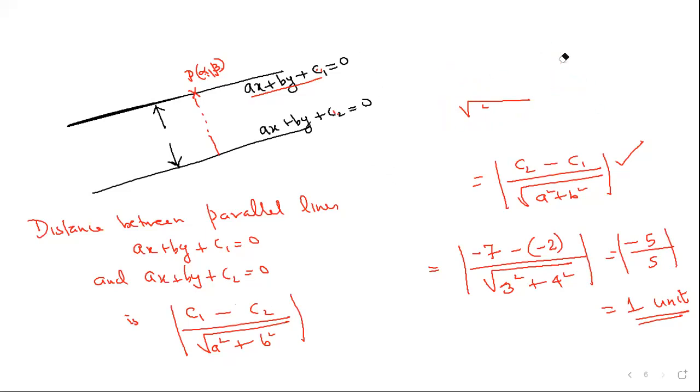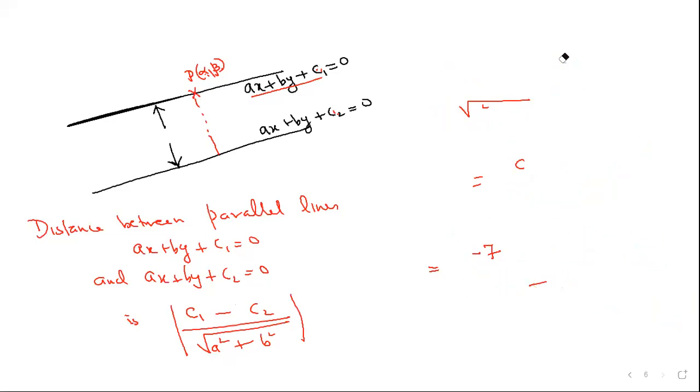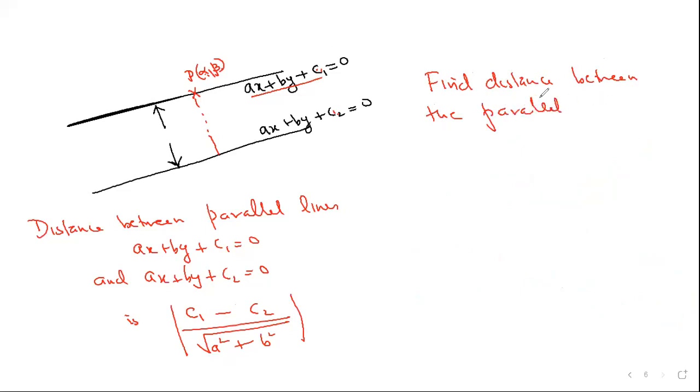Fine. Then practice one problem. Find the distance between the parallel lines 3x plus 4y minus 1 equal to 0 and 3x plus 4y plus 8 equal to 0.